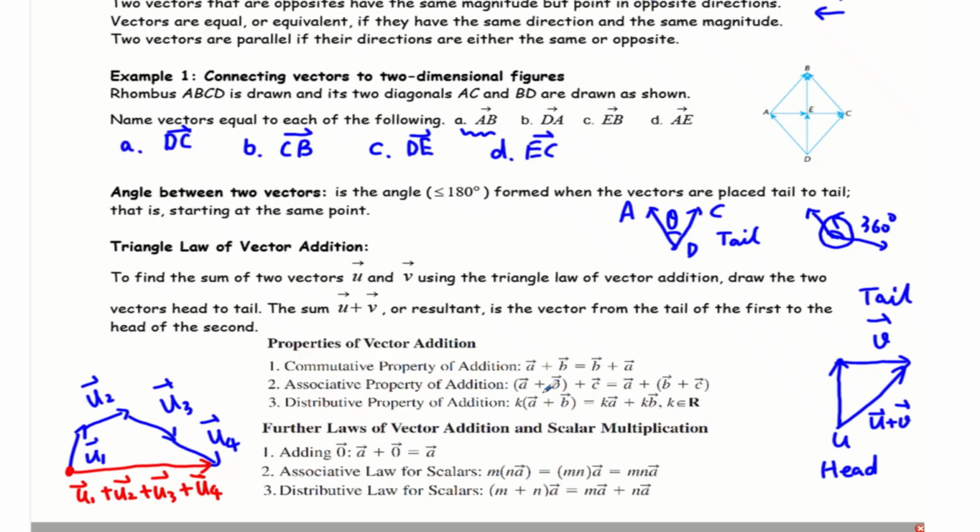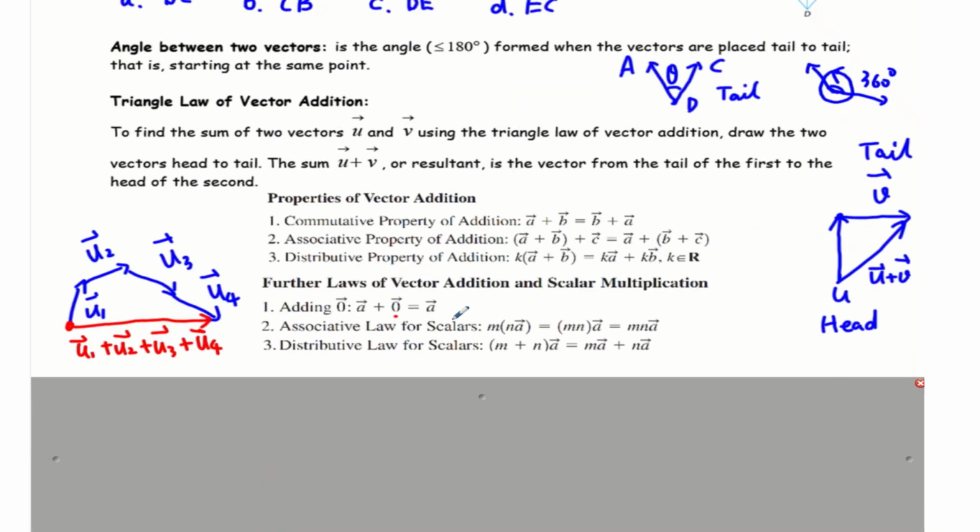Scalar times, you can times it first. So each of them you could double, then do it together, or you find the final one and double it. It's the same. So times a constant, you can times it first, then add, or add first then times. If it's a zero vector, then nothing changes.